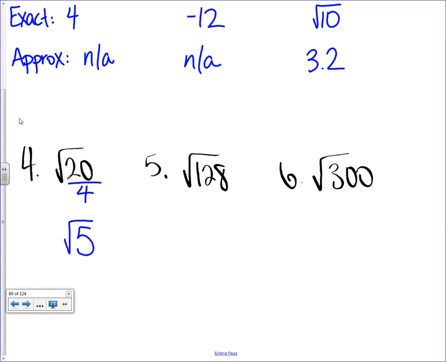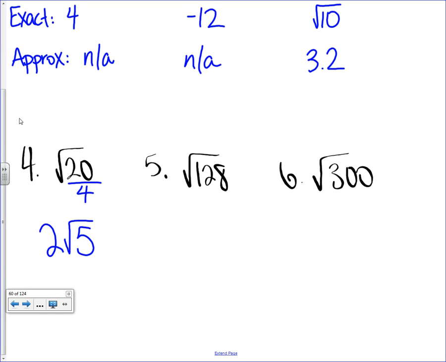perfect square. Now, the perfect square was 4, correct? So if I want to get it out of the radical, I want to know what the square root of 4 is. 2. So this exact answer would be 2 radical 5. The 4 can come out, but when it comes out, I actually do the square root, which is 2. Is that okay? And then the 5 was not perfect.